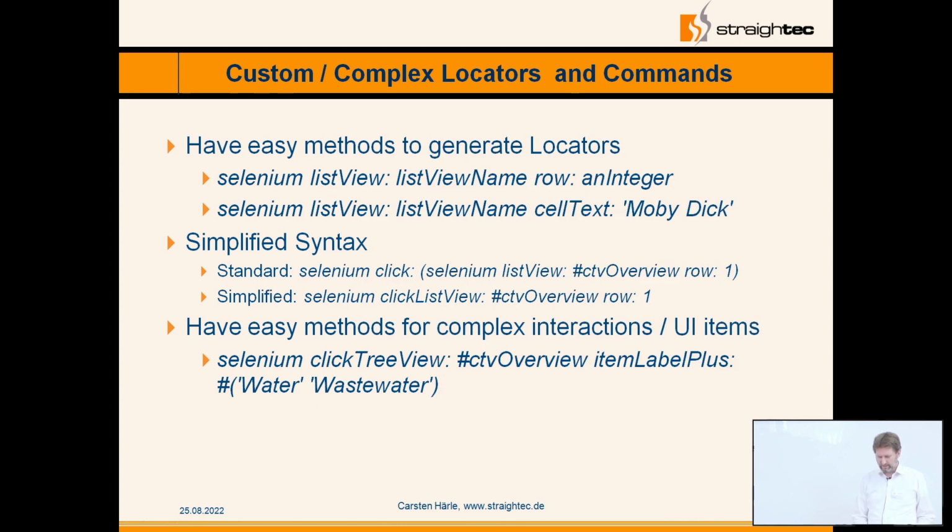So we have defined all these complex interactions. For example, click list view and item label plus, and then you give all the paths for how it should navigate from the root of the tree view through all the elements and find the element it has to open, with just one message.